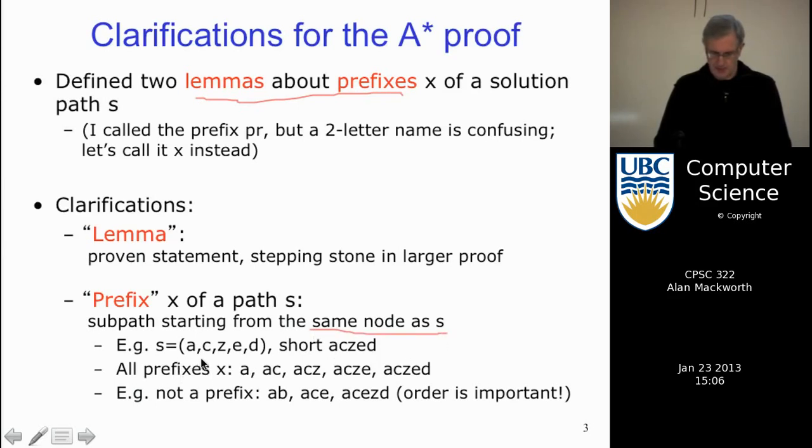So if S is A, C, Z, E, D, and we'll use a shorthand notation for that, just without the parens and the commas, ACZED. All prefixes of that path are A, AC, ACZ, ACZE, ACZED. And you can't use permutations, you can't start anywhere else, and so on. So the order is important in the prefixes.